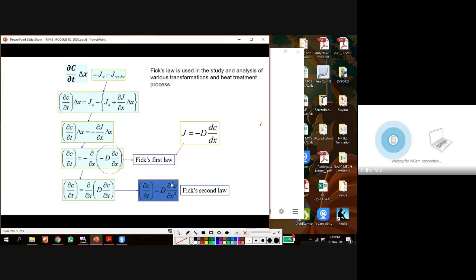Here the coefficients are concentration and diffusivity. So this is the second law of Fick. The first law is J equal to minus D into dou C by dou X. The second law is dou C by dou T equal to D into dou square C by dou X square. So that is the first law and the second law of Fick.